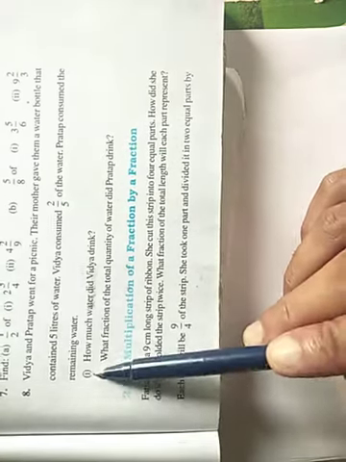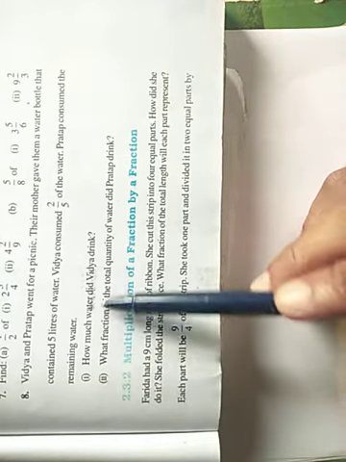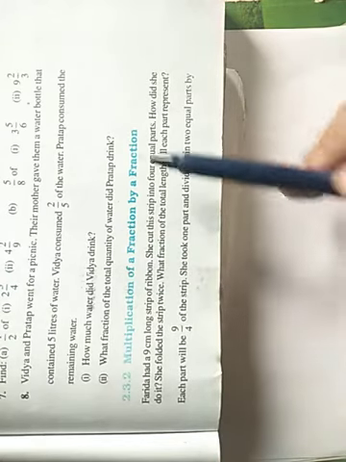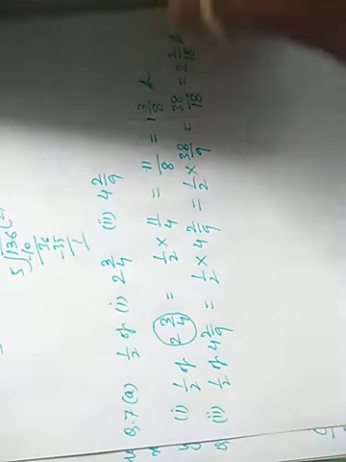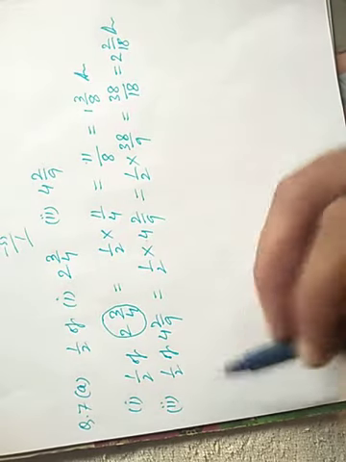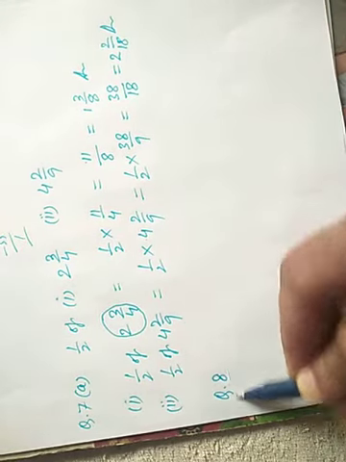Okay, we have to find, first, in the first case, how much water did Vidya drink, meaning the amount of water, and what fraction of the total quantity of water did Pratap drink, right? So let us solve this question. Question number 8, the last question of exercise 2.2.